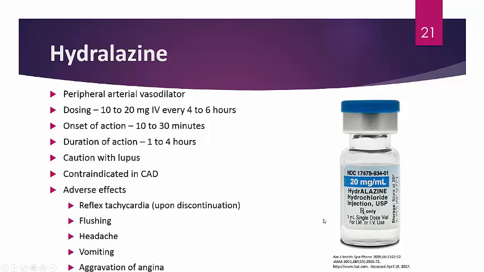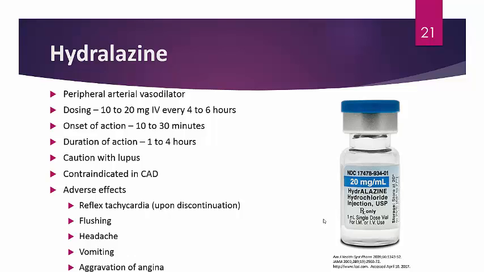Hydralazine is a peripheral arterial vasodilator, so it only works on the arterial beds to vasodilate. It is an intermittent dose of 10 to 20 milligrams IV every 4 to 6 hours. It has an onset of action of 10 to 30 minutes and a duration of action of 1 to 4 hours.